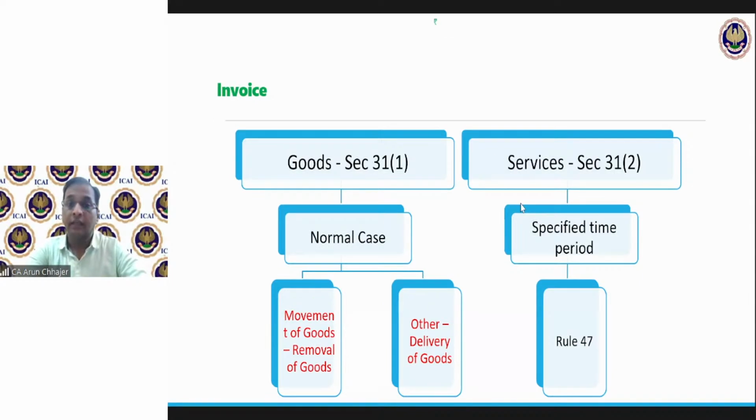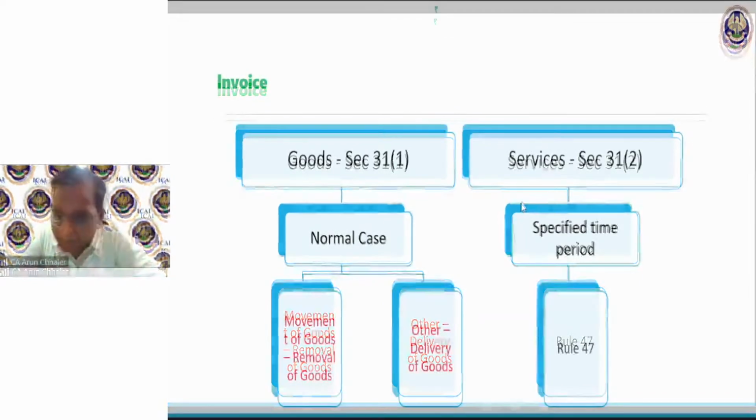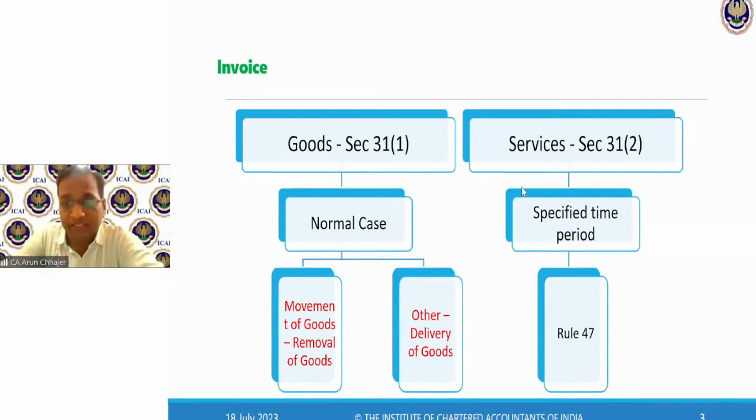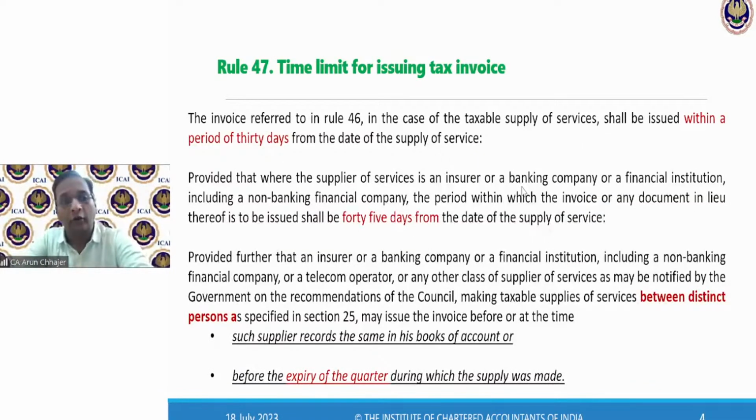What is the last date to issue the tax invoice for service? For that, it has been divided into 3 parts. In normal circumstances, you are allowed to issue within 30 days.